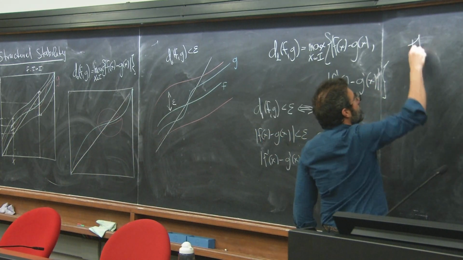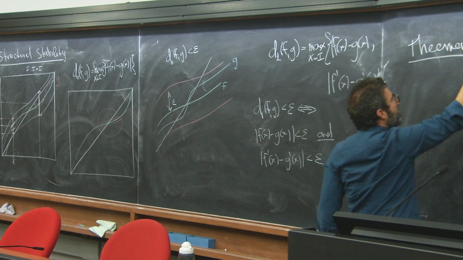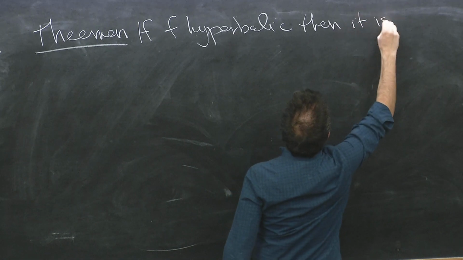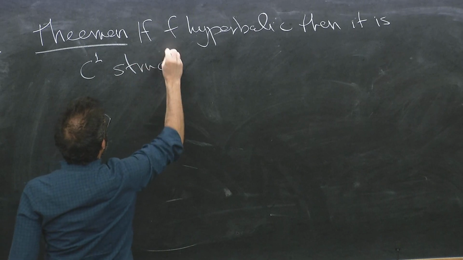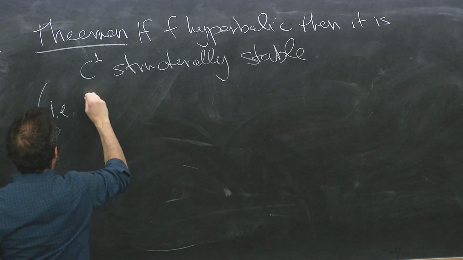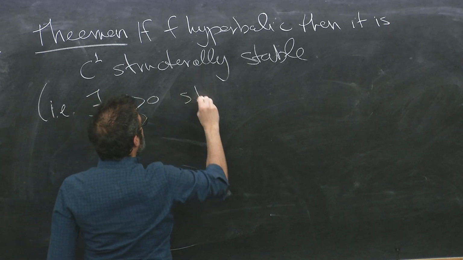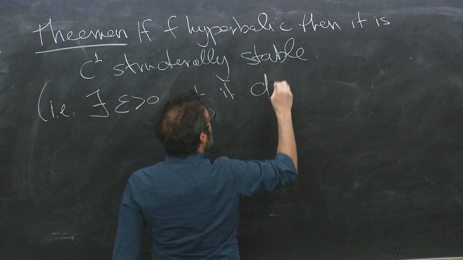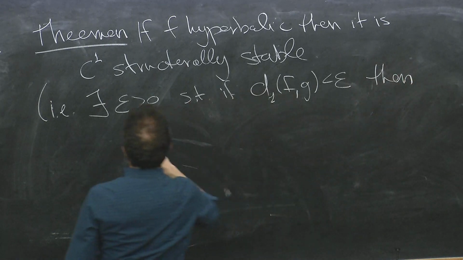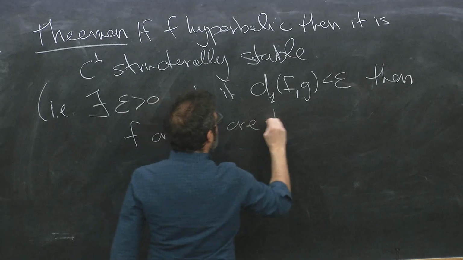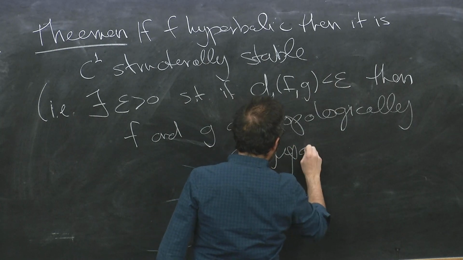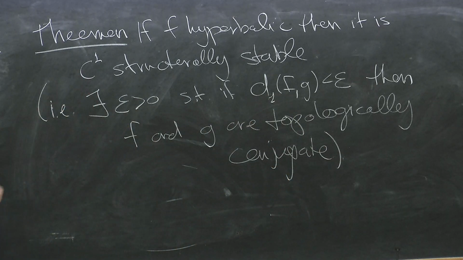And the theorem is indeed that if f is hyperbolic, then it is C1 structurally stable, by which I mean there exists some epsilon greater than 0 such that if the C1 distance between F and G is less than epsilon, then F and G are topologically conjugate. This is the definition of being C1 structurally stable.